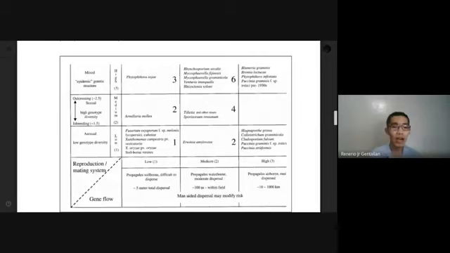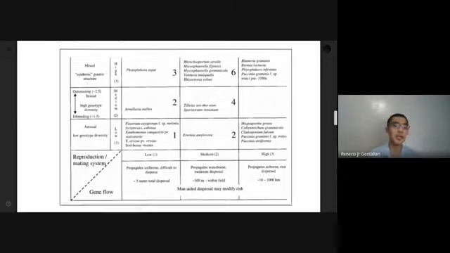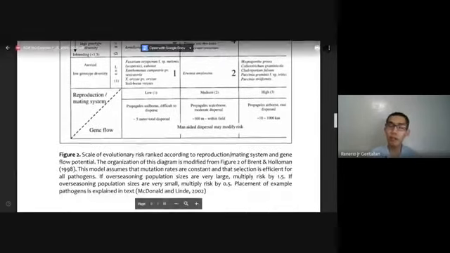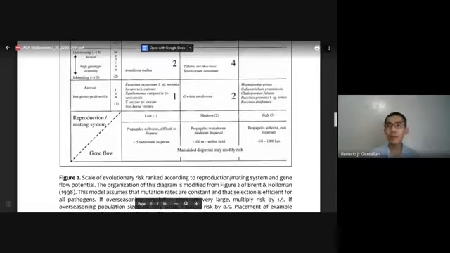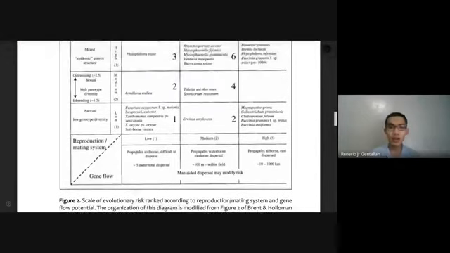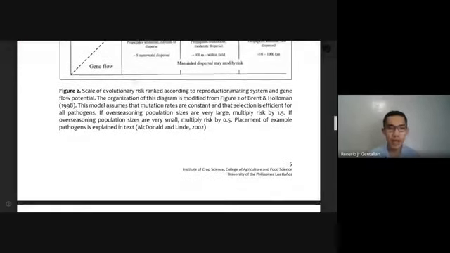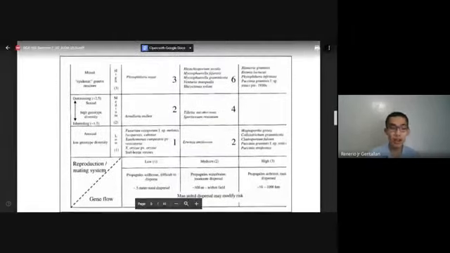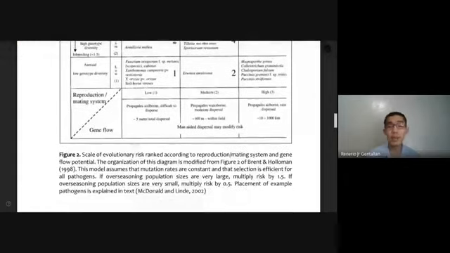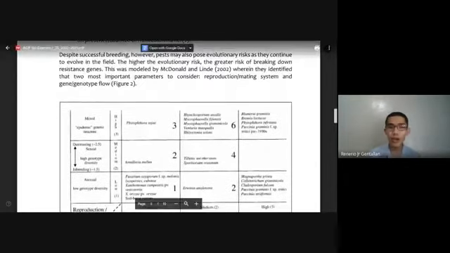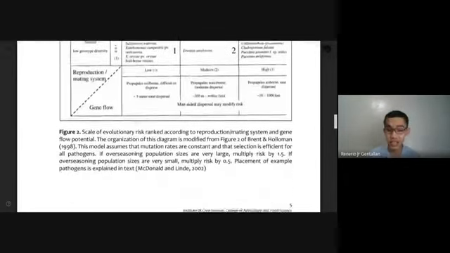The more allogamous it becomes, or if it becomes more mixed, the higher the evolutionary risk. Both of the two can be correlated, or can increase the evolutionary risk of a particular gene, resulting in the breakdown of resistance genes.